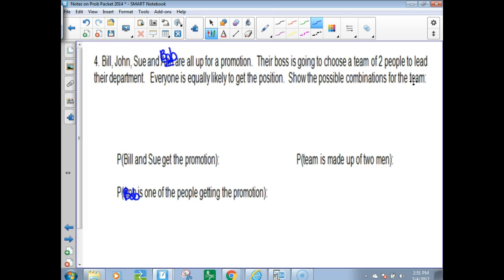Show the possible combinations for the team. You could have Bill and John. I'm going to go in a logical way so I don't make any repeats, okay? Bill and John, Bill and Sue, Bill and Bob.